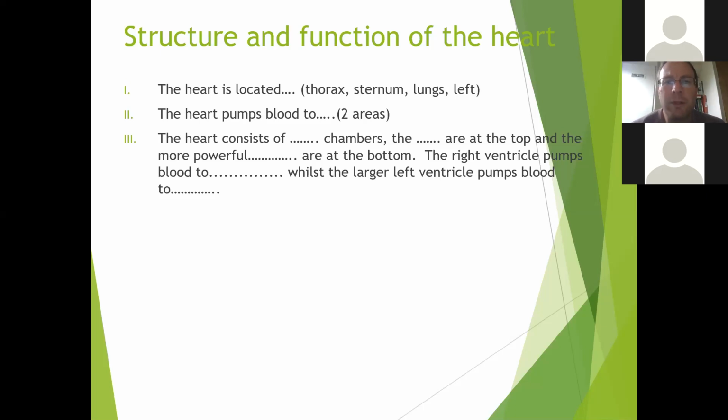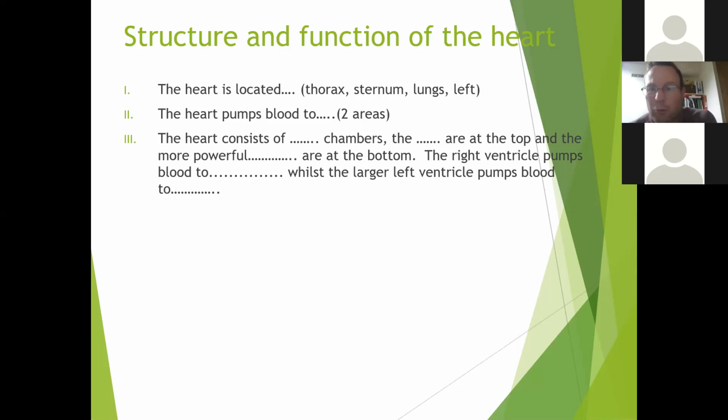You're going to describe where the heart pumps blood to, and you're going to finish my explanation there. The heart consists of however many chambers. You're going to say the whatever they are at the top, and the more powerful whatever chambers they are at the bottom.